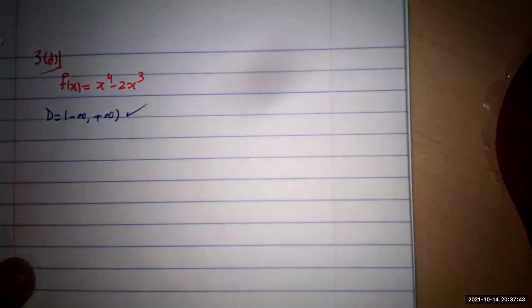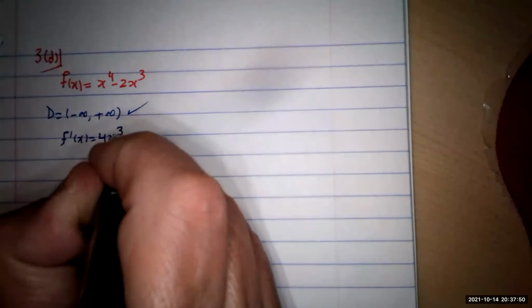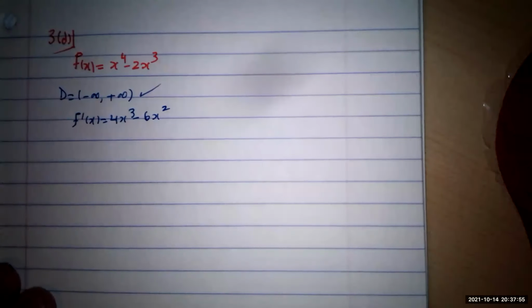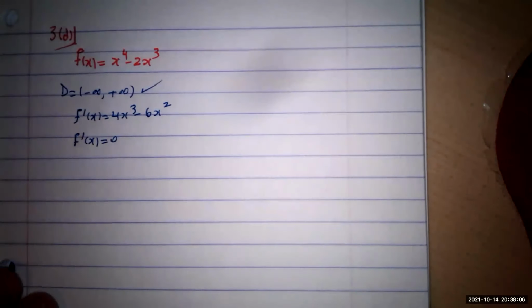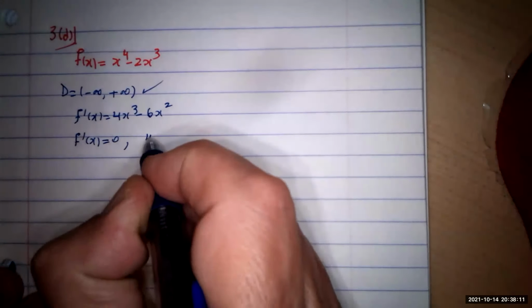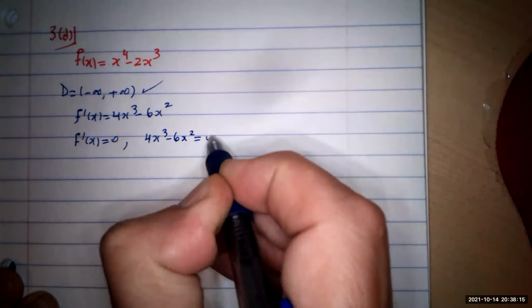That's your domain. You differentiate it. F prime is 4x cubed minus 6x squared. So you let f prime equal 0, and you have to solve this equation: 4x cubed minus 6x squared equals 0.